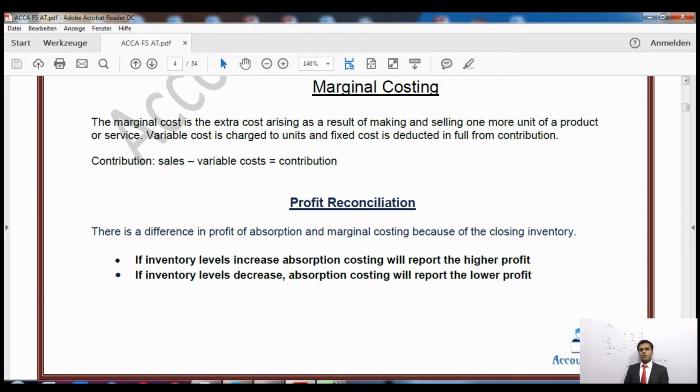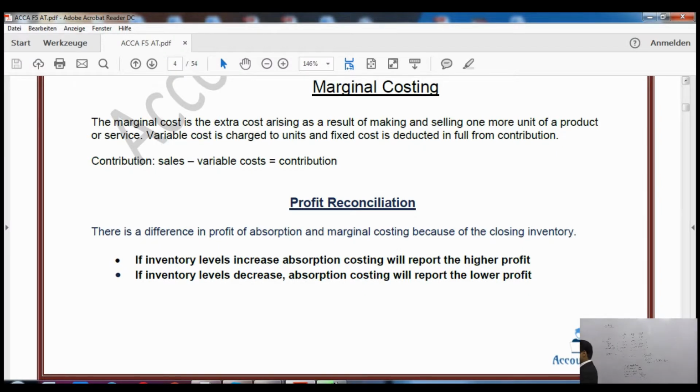Now if I'm doing an extra hour, or an extra couple of hours, then those hours are marginal cost to my boss, because if I do not give extra lectures, these costs will not be incurred. So the cost of producing an extra product is marginal cost. If we do not produce that product, that cost will not be incurred. That is called marginal cost. Extra cost to produce an extra unit is called marginal costing. Extra cost to give an extra lecture is marginal cost to my boss, right?